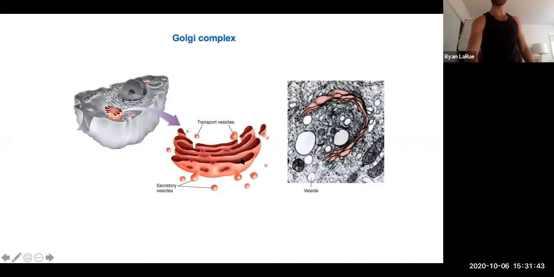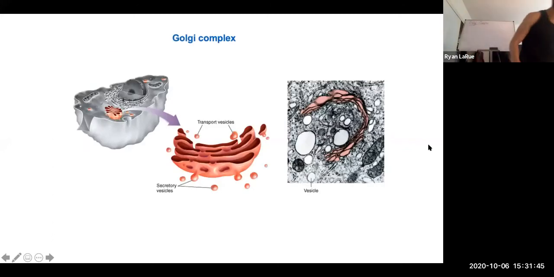Protein synthesis definition: just creating proteins, manufacturing them, building them. Here we go. So again, we have a series of flattened stacked membranes, just like our ER, but with a different function.